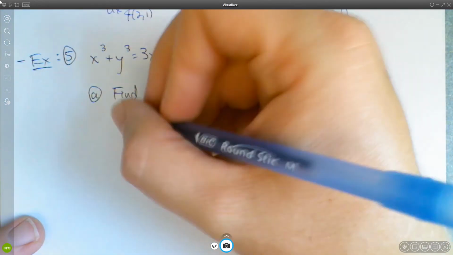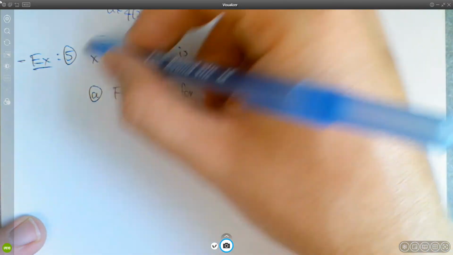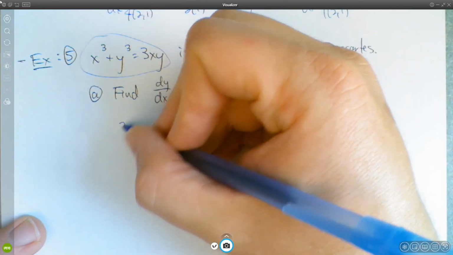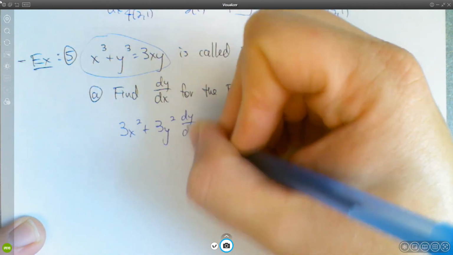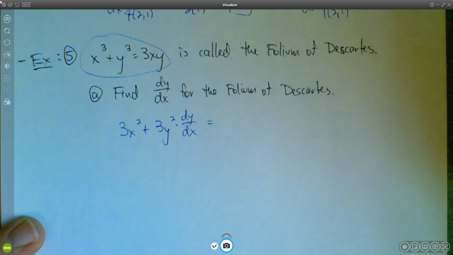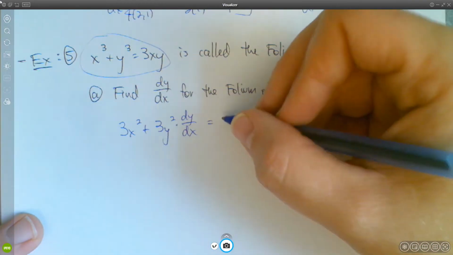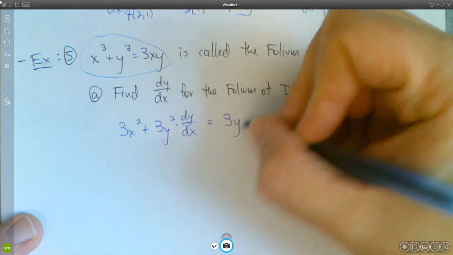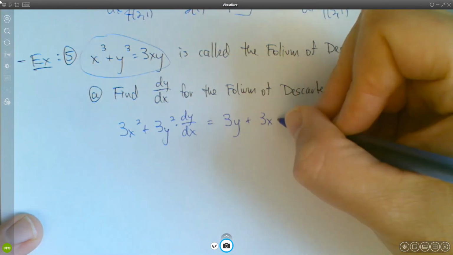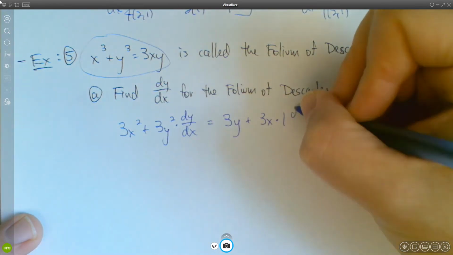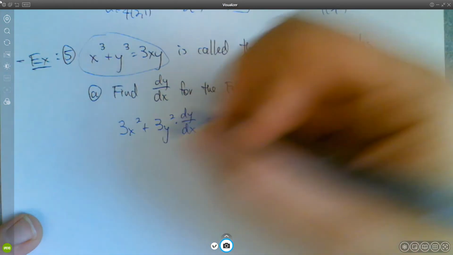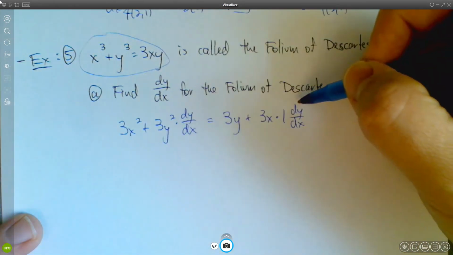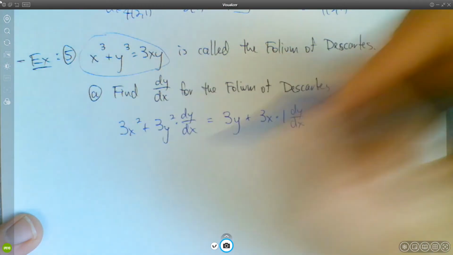Okay, here we go. So differentiating this function here, we're going to have 3x squared plus 3y squared dy/dx equals derivative of the first times the second plus the first times the derivative of the second. Okay? And then we solve for dy/dx. So I'm going to move everything that has a dy/dx on it to the left and everything else over to the right.